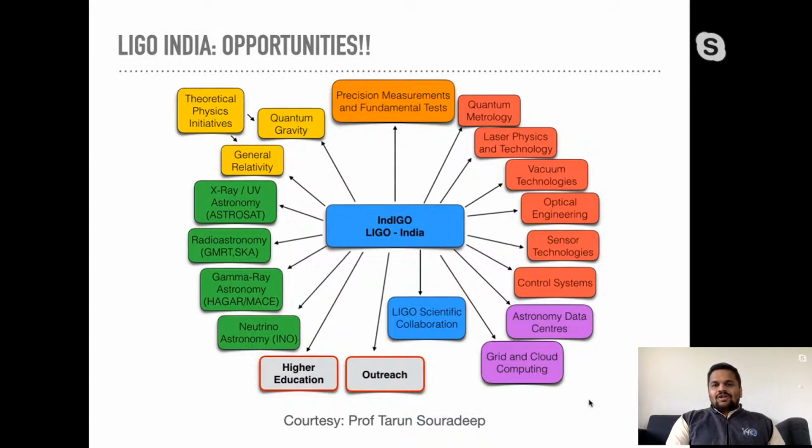If you are interested in all these different engineering aspects which are in red and orange, or interested in computing and data which are here in violet, or if you are interested in any kind of physics or astronomy, we all can come together and learn and take this opportunity. And please do join us for LIGO India.